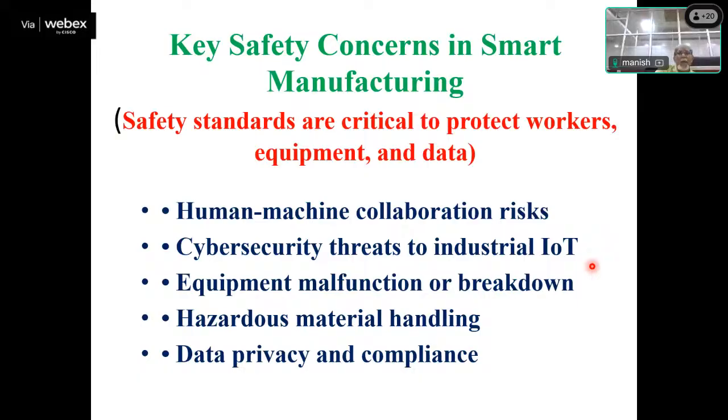And then the hazardous material handling. This is a safety issue, no doubt, but implementation of robots with proper sensors is another important technological area that people are talking about to handle hazardous material so that safety can be there. But again, the question is how the material of the robots interacts with the hazardous material.